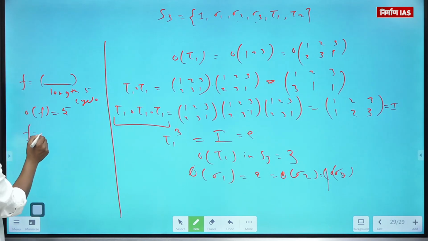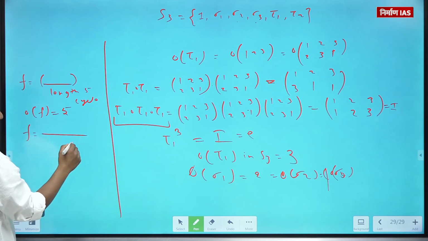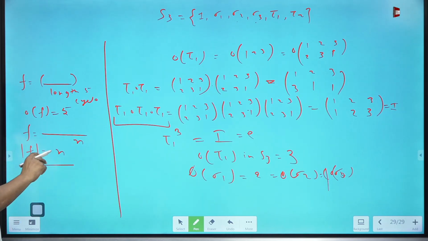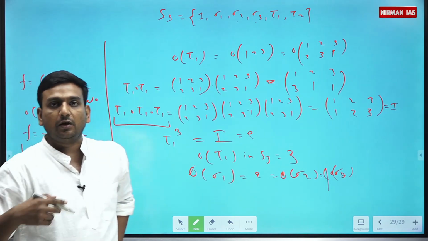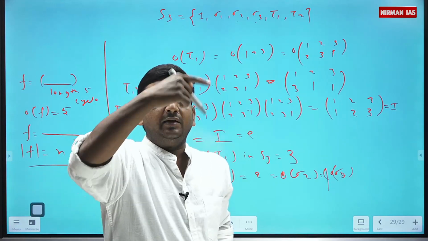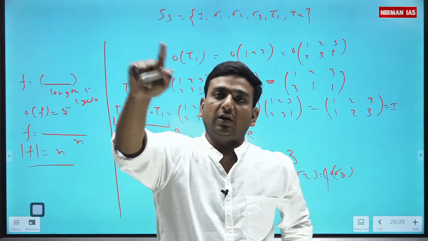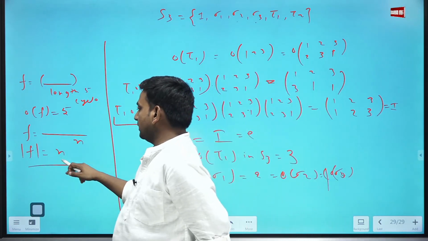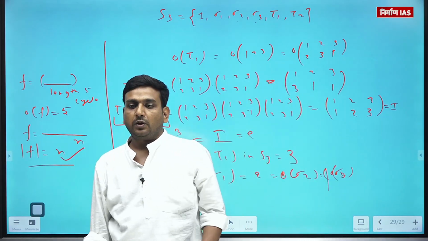If f is a cycle of length n, then the order of this element will be n. It means that when you compose a cycle of length n with itself n times, it gives you the identity element. If you want to remember, you can remember this.